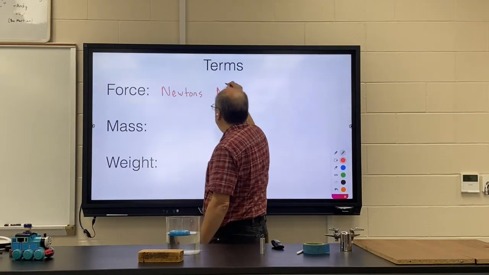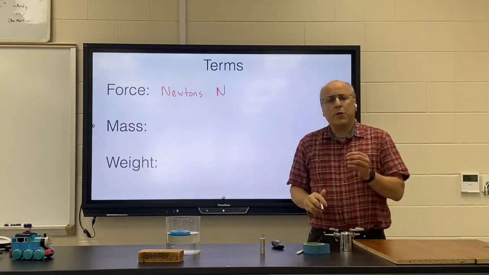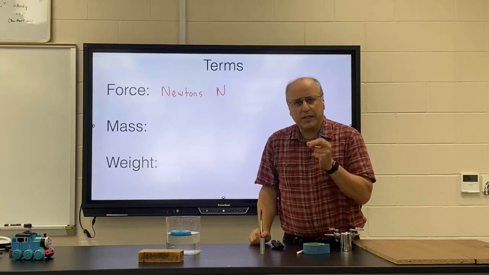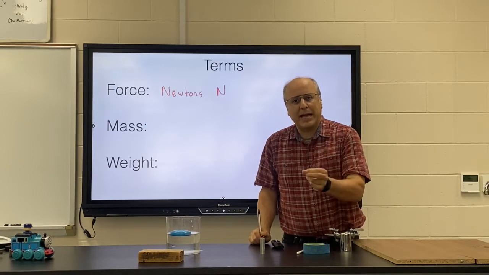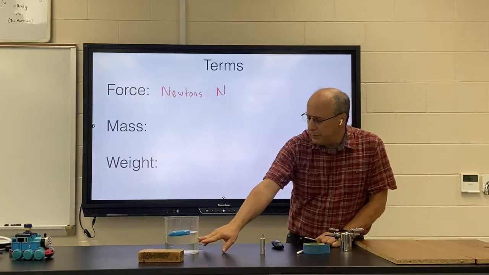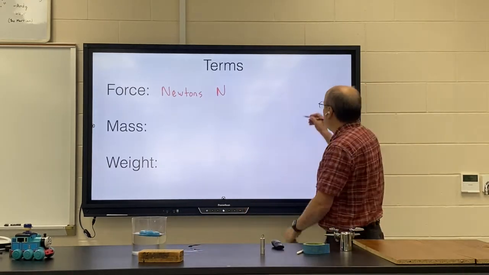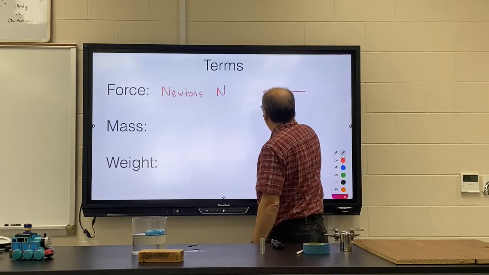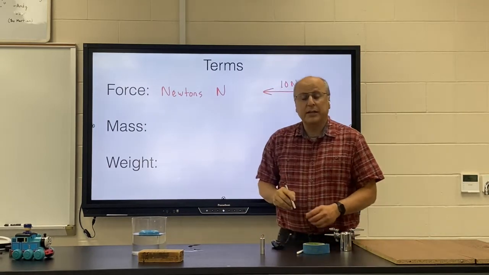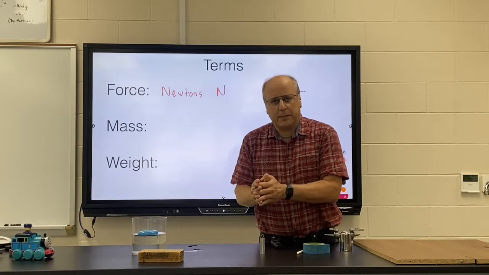which is abbreviated N. Forces are vectors, meaning you represent them with arrows that have both magnitude and direction. So if I was pushing on this object, I would represent that as an arrow showing the direction I'm pushing as well as how hard I am pushing.